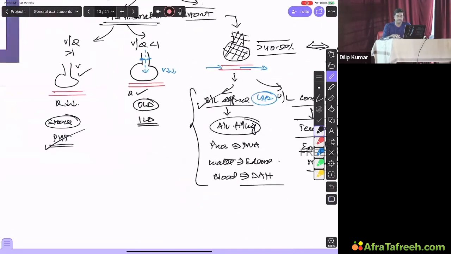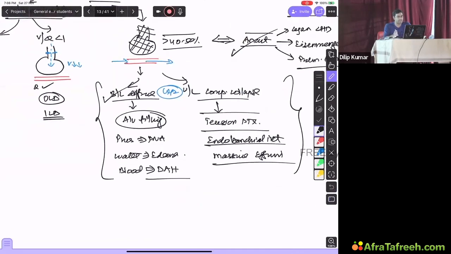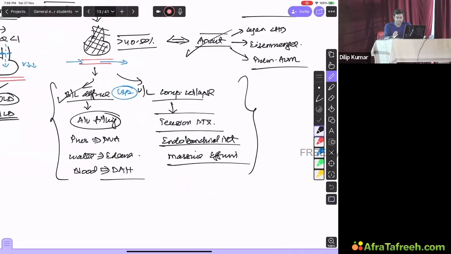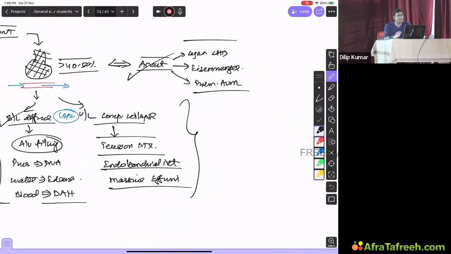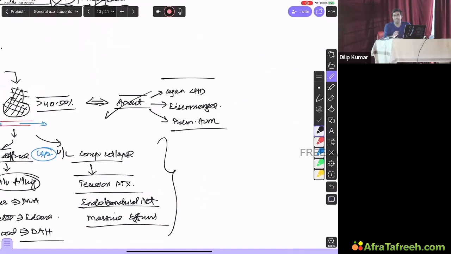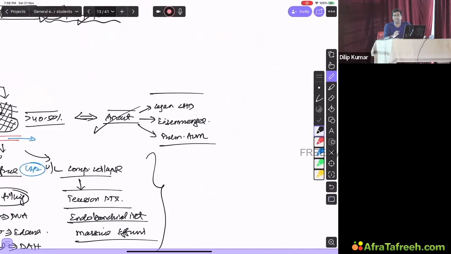You can have pulmonary hypertension, pulmonary embolism causing cyanosis. Tension pneumothorax, endobronchial intubation, massive effusion, severe pneumonia, severe pulmonary edema, diffuse alveolar hemorrhage, all these things can cause central cyanosis. And cyanotic congenital heart disease, Eisenmenger and pulmonary AV malformations also can cause central cyanosis. So almost everything I have told you here are causes of central cyanosis.